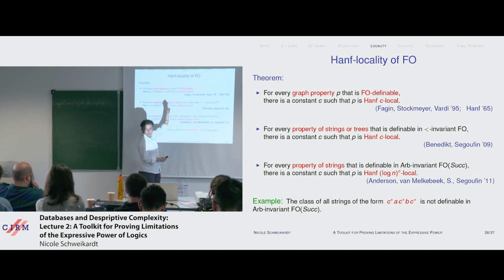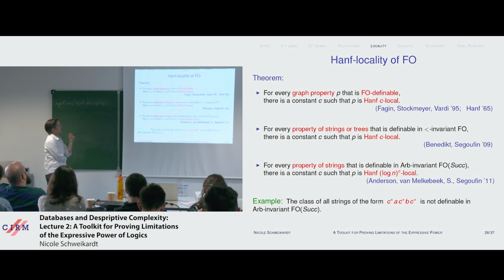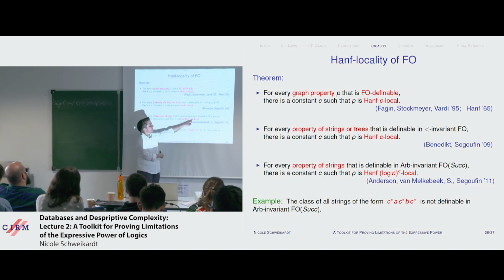Yes. In the first case, it depends on the quantifier depth. What does it depend on in the other? I can't say at the moment. I have to think about it. I'm sure that in the paper we had some more precise information.